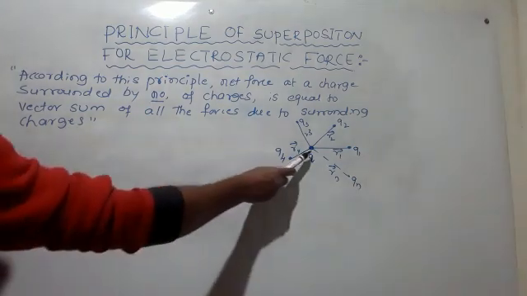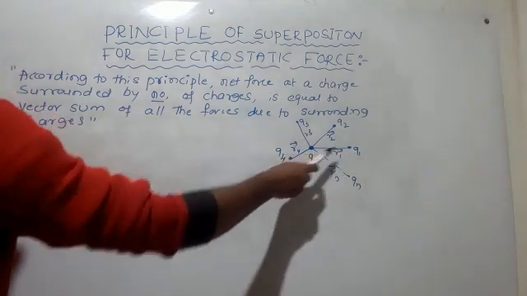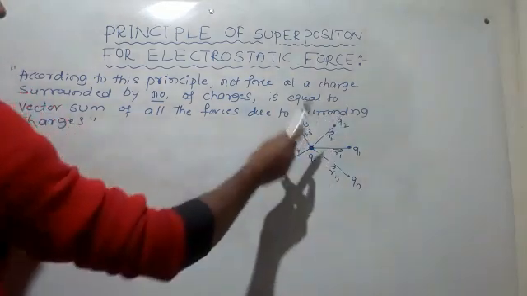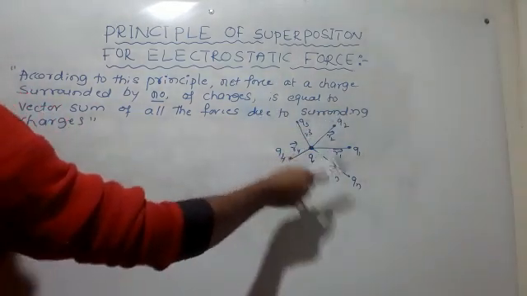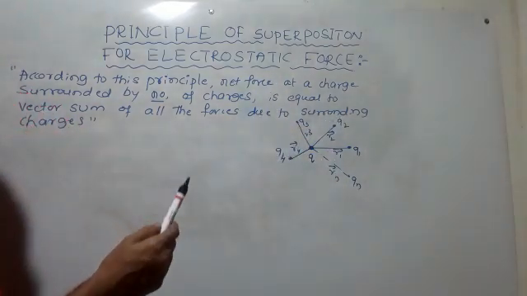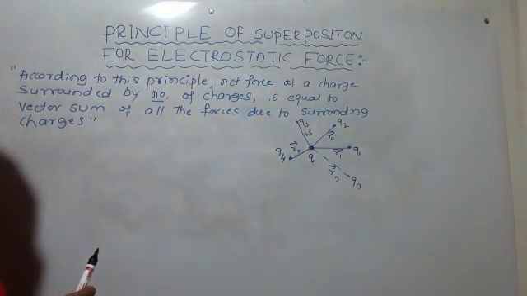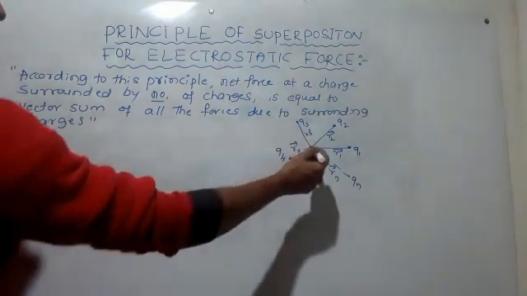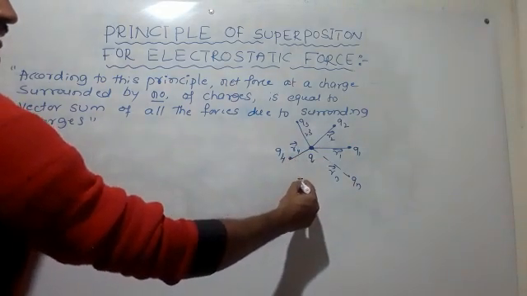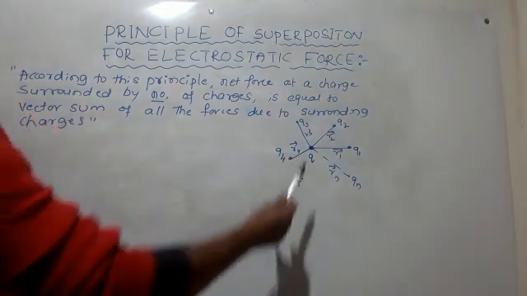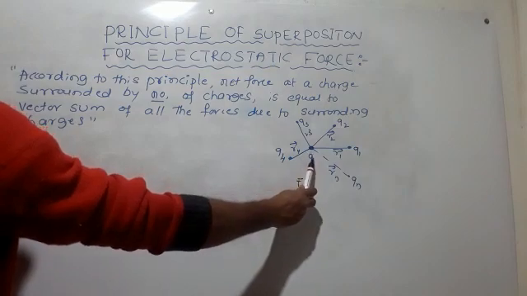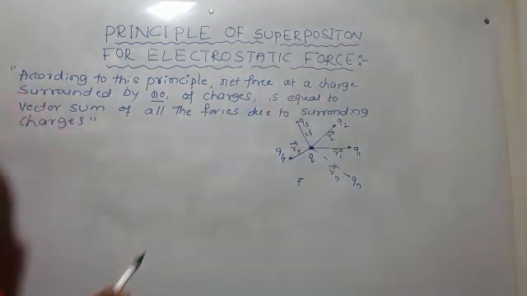Now on this charge Q, Q1 applies a force, Q2 applies a force, Q3, Q4 and so on. All the charges will exert a force on this charge Q. Then the question is, what is the net force on the charge Q due to the surrounding charges?